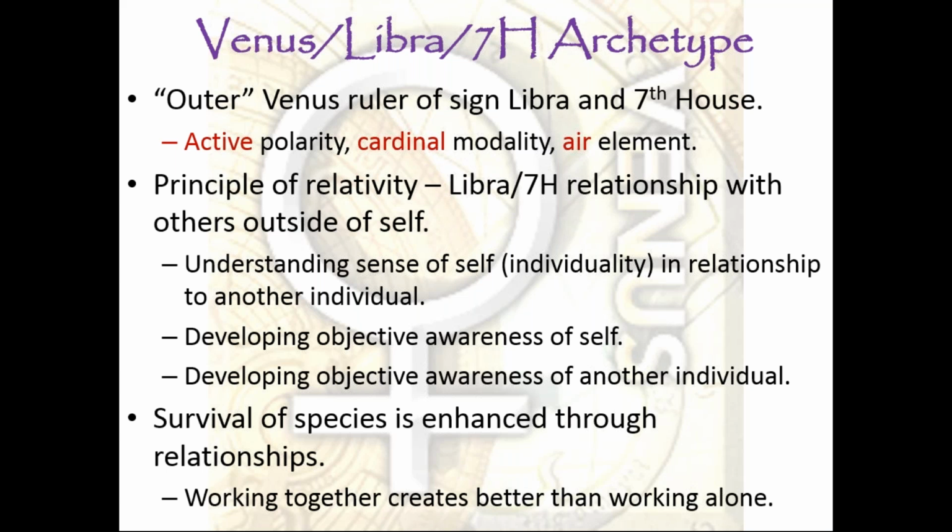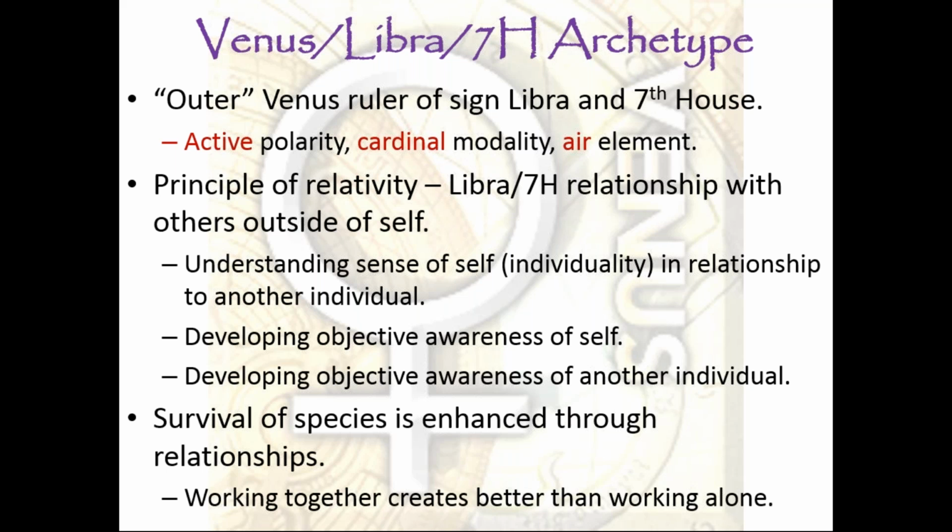But here, when we're looking at that principle of relativity or relating to someone outside of ourselves, what happens in that relating is that via Aries and first house polarity, it bounces back to ourself, and through the relationship outward, we reflect back into who we are as an individual.